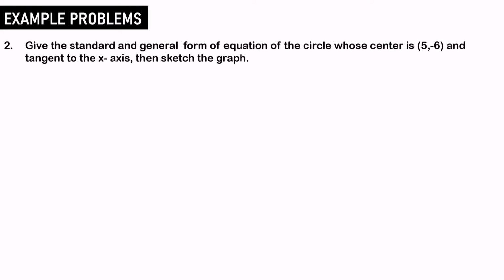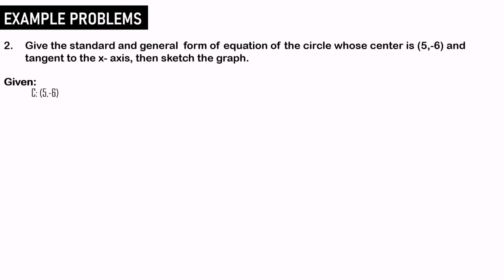Give the standard and general form of equation of the circle whose center is at 5, negative 6 and tangent to the x-axis, then sketch the graph. Okay. Given na tadaan no og center, ang center nato kay naa sa 5, negative 6.